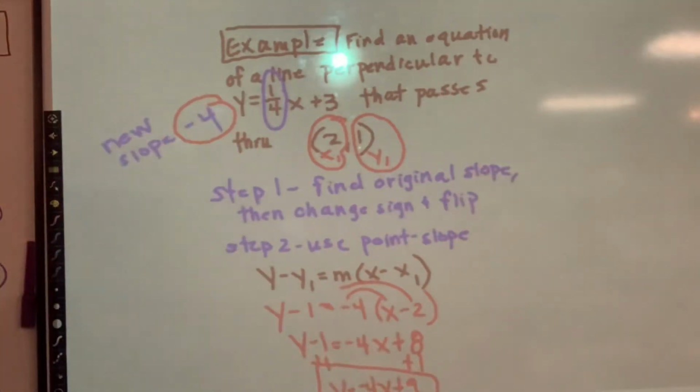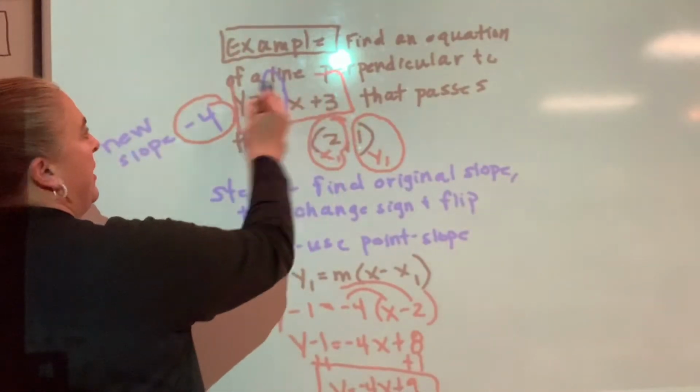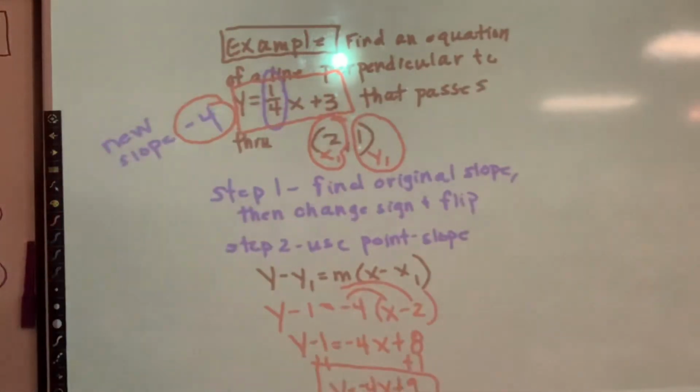If I want to see if these things are in fact perpendicular, can I punch this line and that line in my calculator? Yep. Okay, so let's do that. The first one is 1/4 x plus 3.